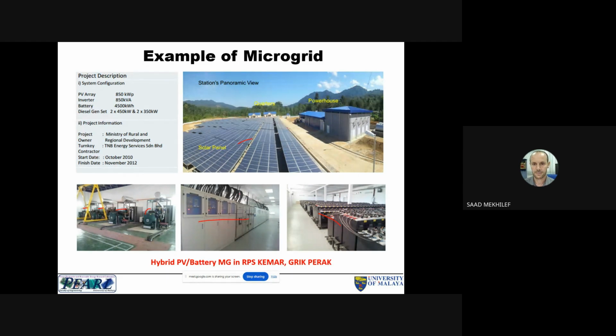So this is a typical microgrid which is still working and functioning at the moment, and it supplies electricity to the remote area. So it is a hybrid PV battery microgrid.